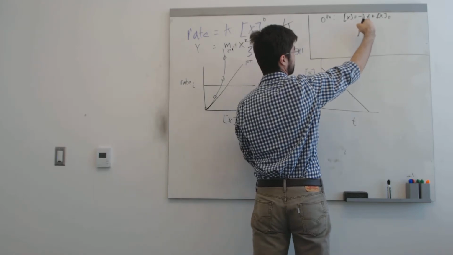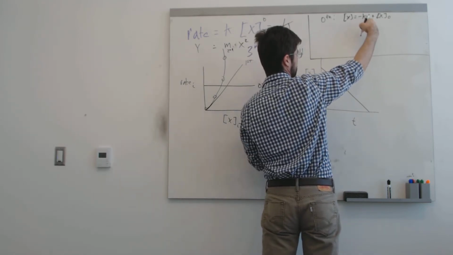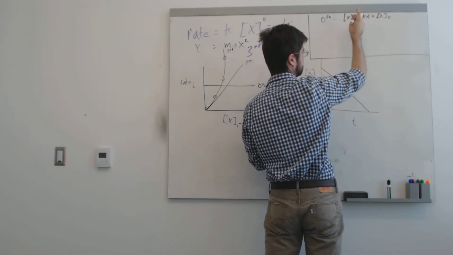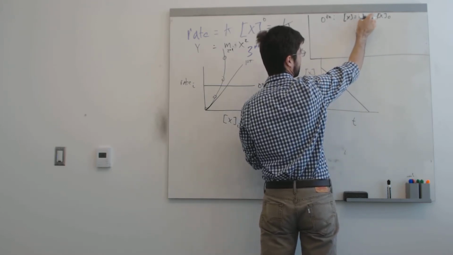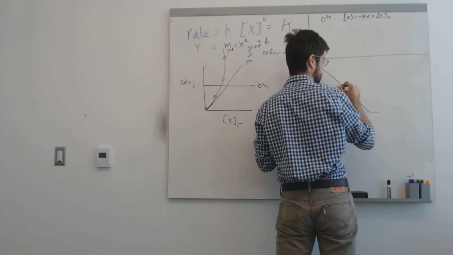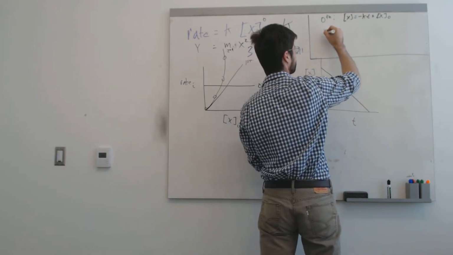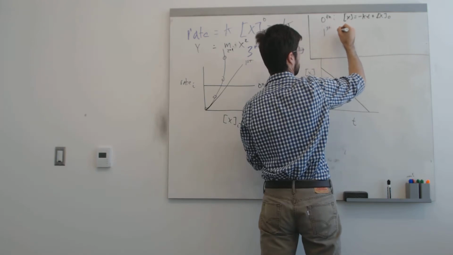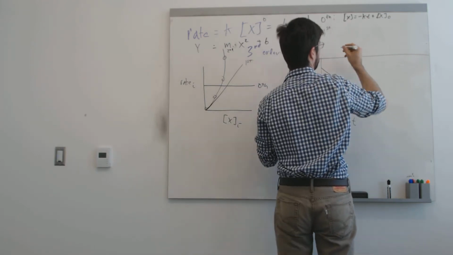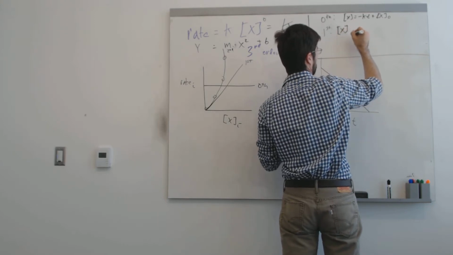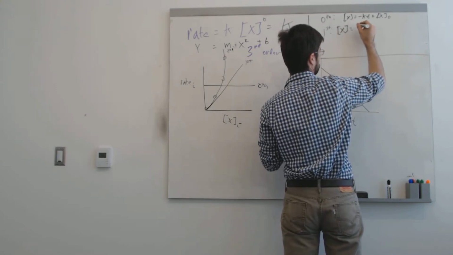So there's my y, there's my m, there's my x for the time, the t. So yeah, that one has a straight line where the slope is negative k. So for this one, yeah, the slope here is negative k. For a first order reaction, if you actually look at how that varies, the expression would be, it goes as the exponential.